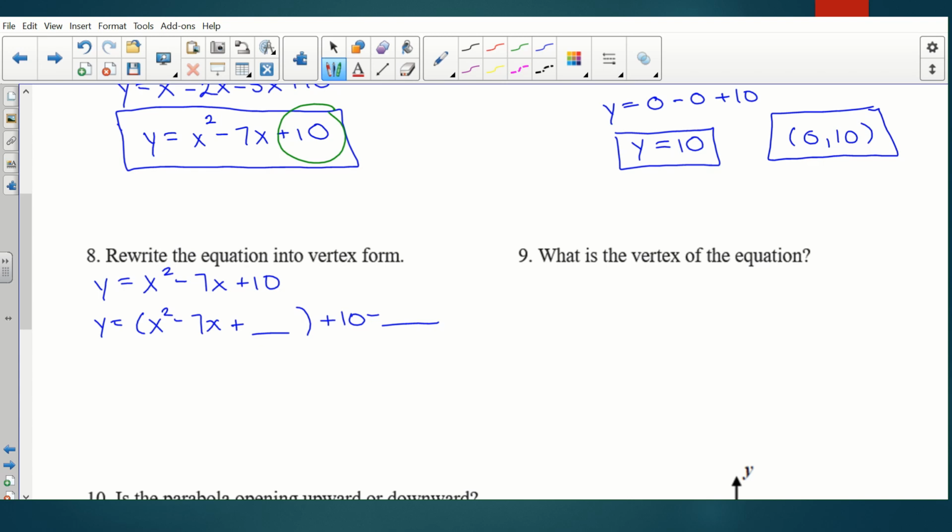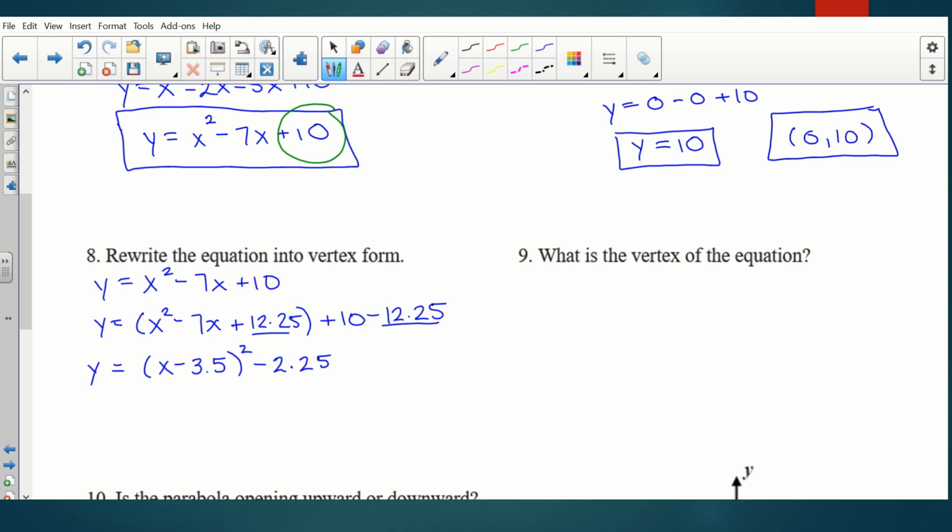Negative 3.5 squared gives me 12.25. So I'm going to add 12.25 and subtract 12.25. Now, half of b was negative 3.5, so that's going to be the factor inside, (x − 3.5) squared. And then 10 minus 12.25 is minus 2.25.